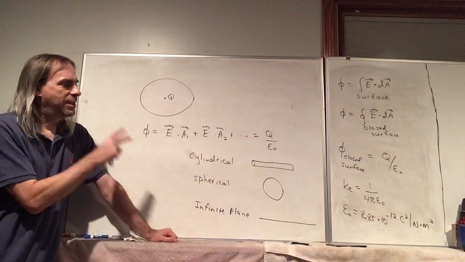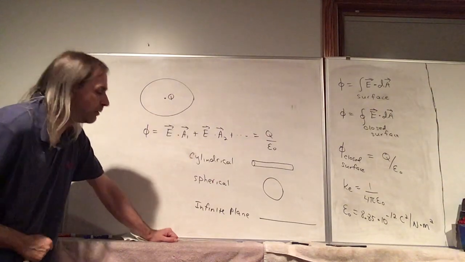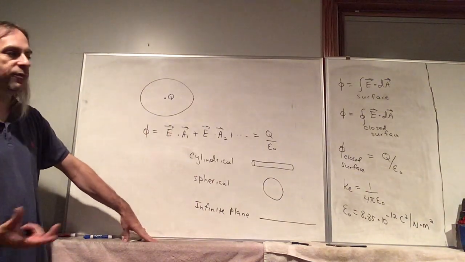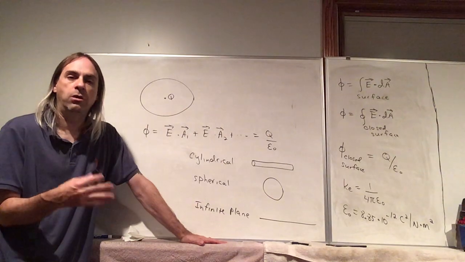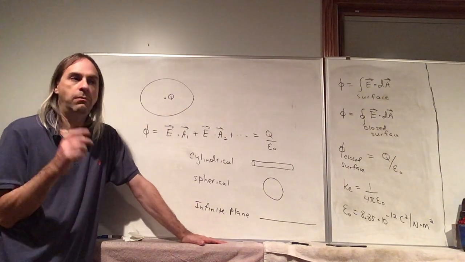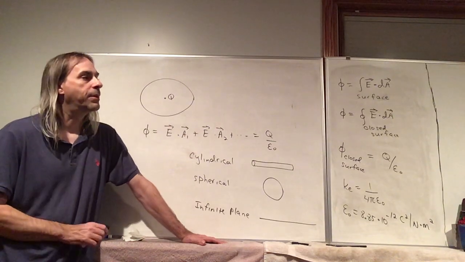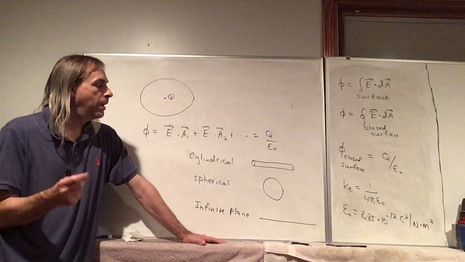And so yeah, sometimes it can be useful for calculating the electric field. There's another special case where Gauss's law is very useful, and that is if we have electrical conductors. And I'll talk about that later, in a separate video, I think. But yeah, it can be very useful in that case as well.